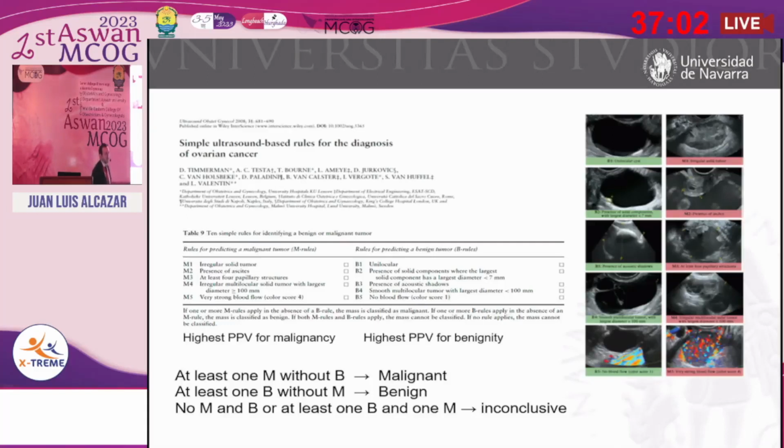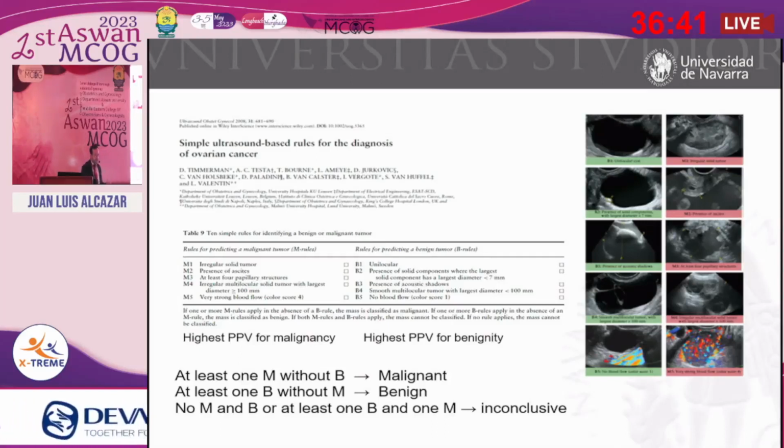The simple rules are actually, they are a simple approach. We have to assess several sonographic features of the tumor, and we are going to focus on some malignant features and some benign features.